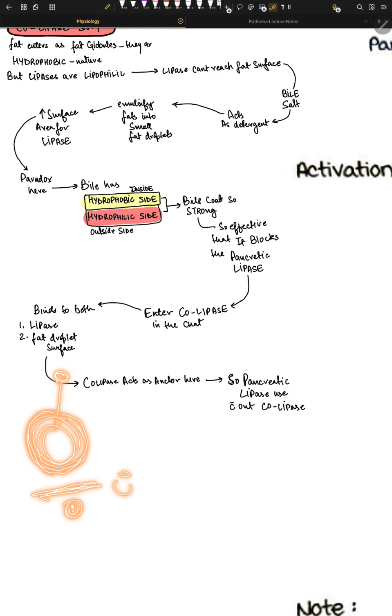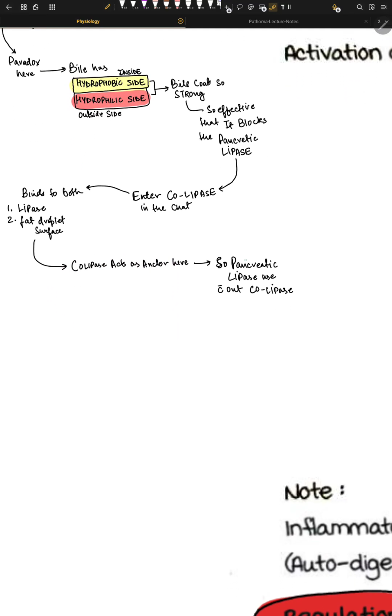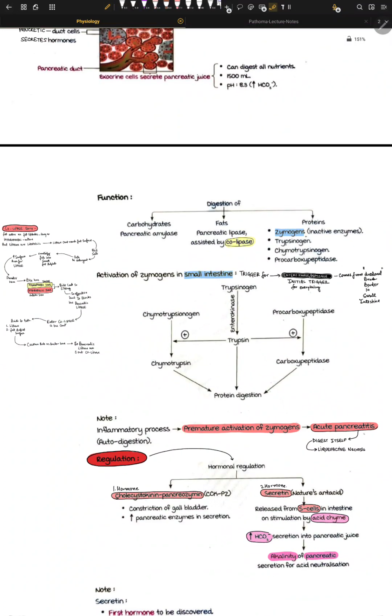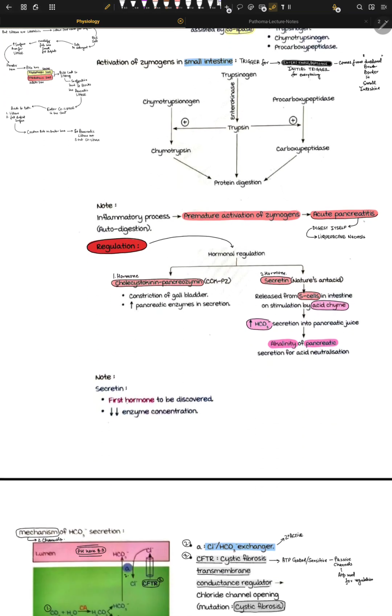This is colipase, and it's bound to each other. So colipase acts as an anchor molecule here, and pancreatic lipase can work now. Without colipase, pancreatic lipase is useless. That's why I was saying that colipase is the main guy here.